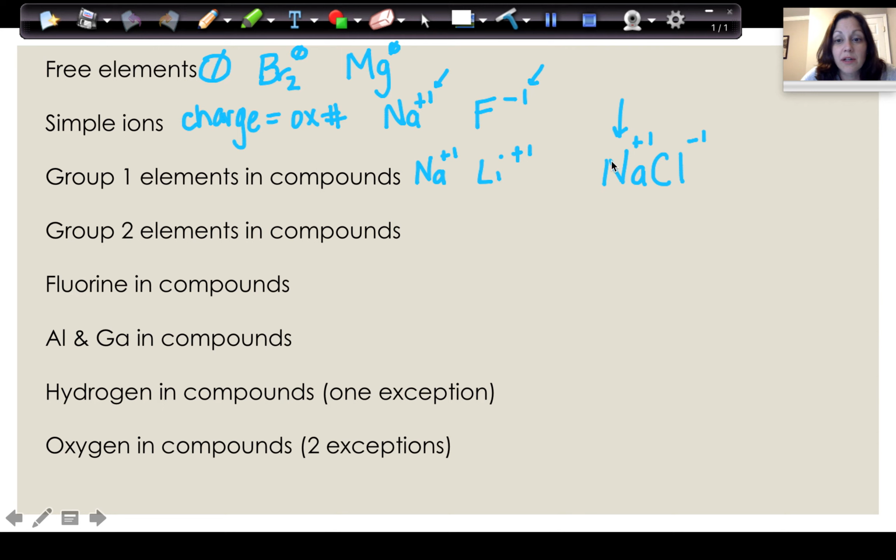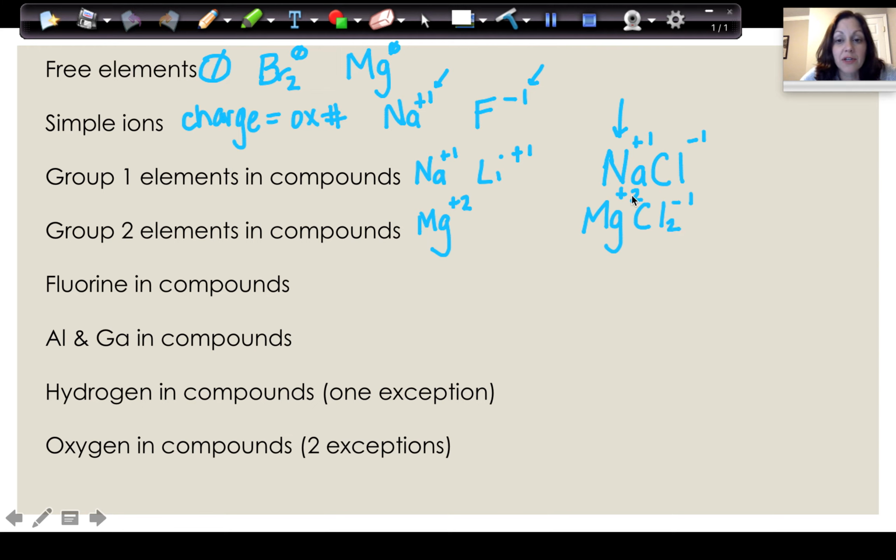Sodium is in group 1, so in a compound its only choice is +1. For group 2 elements, like magnesium, the only choice in a compound is +2. When we did magnesium chloride and we crisscrossed and dropped the signs, we were actually using the oxidation states. We got MgCl2 because magnesium's oxidation number was +2 and chloride's oxidation number was -1.